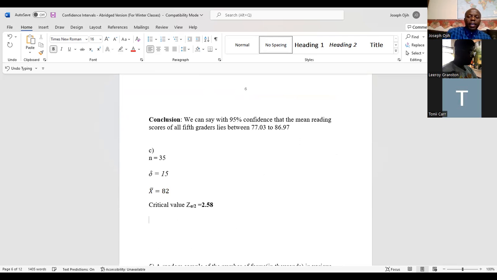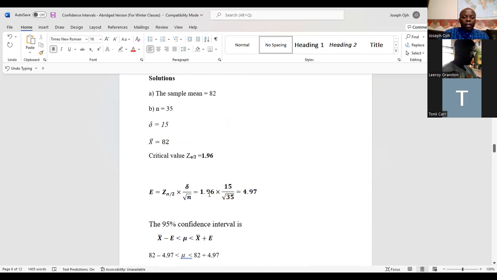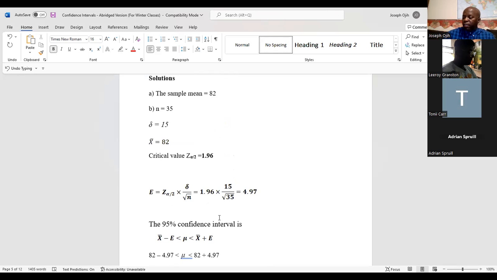Next thing is to find the error margin. We use the same formula for error margin, if you remember, this one here, except that we're going to change the critical value z alpha over 2 to 2.58. So I'll take you to that workbook where we can change it to 2.58.